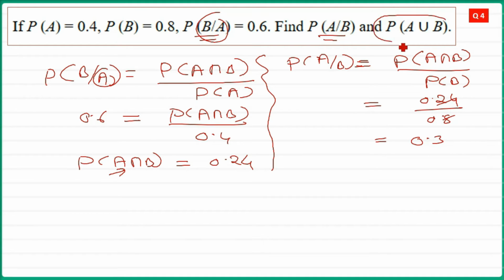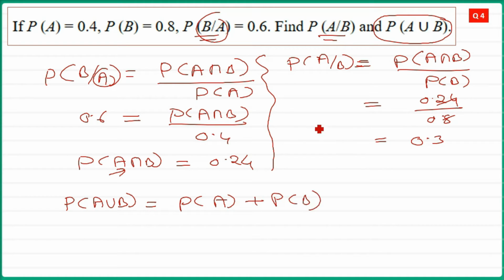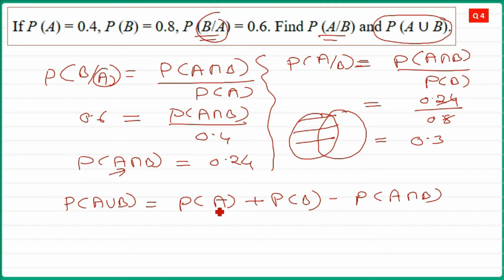Now P(A∪B), for that we have a separate result or formula. In previous exercises also we have talked about it. So P(A∪B) is going to be equal to P(A) plus P(B) minus the intersection of A and B, if you have two events A and B. Now why are you subtracting A intersection B? Because when you are unioning it, you are adding A and B. That is, in A the intersection part is there, in B also the intersection part is there.